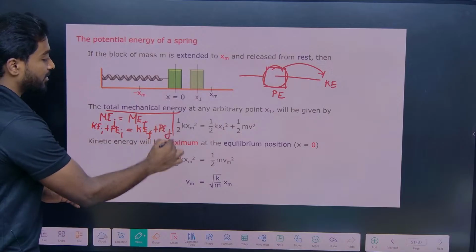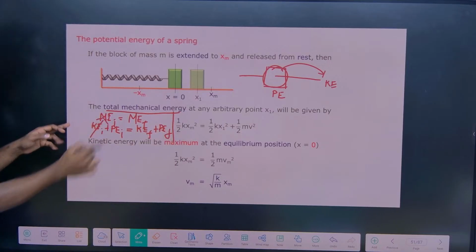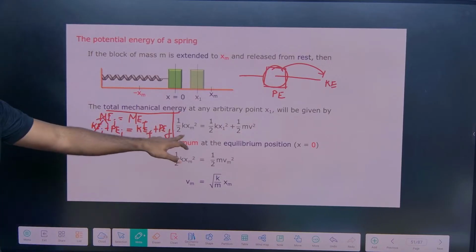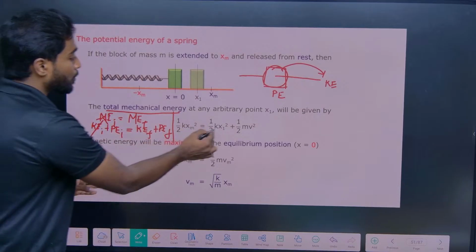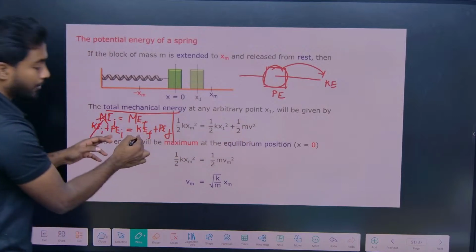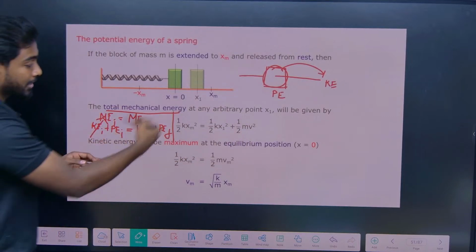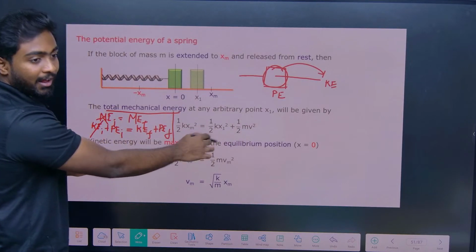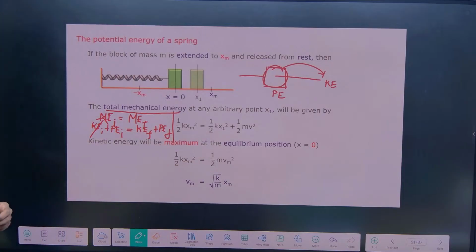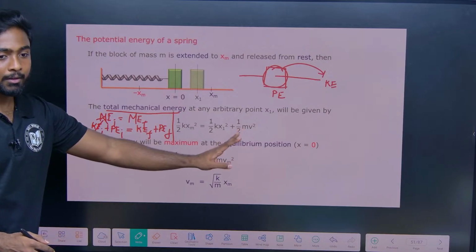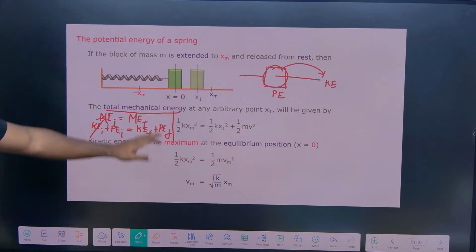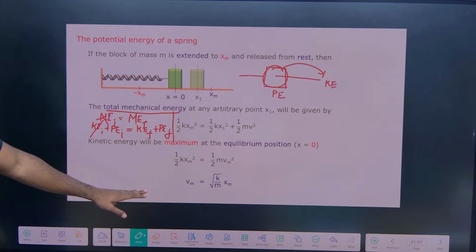Initially kinetic energy is 0. Potential energy half kx square will be equal to half mv square, the kinetic energy, plus half kx final square. This is initial and this is final. From this I need to find the value of velocity.